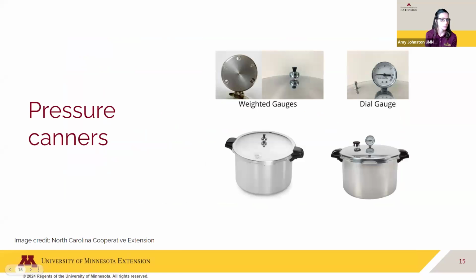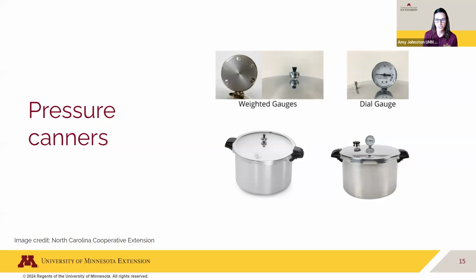Okay, so pressure canners. There's two types of pressure canners. There's the weighted gauge and then the dial gauge. And one is not better than the other. They both have the same function. The difference is that the dial gauge canner needs to be tested for accuracy on a routine basis. And that's generally recommended once a year.